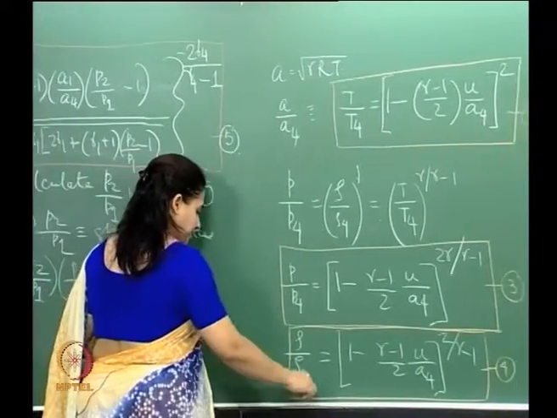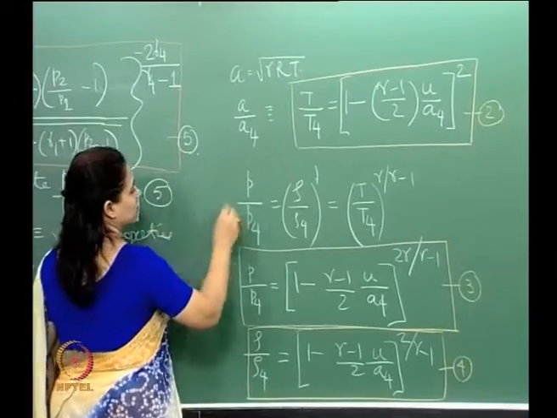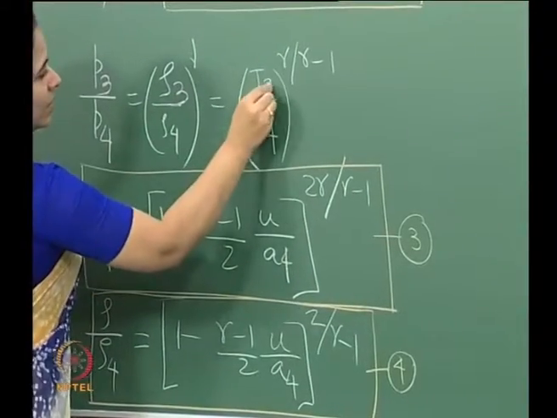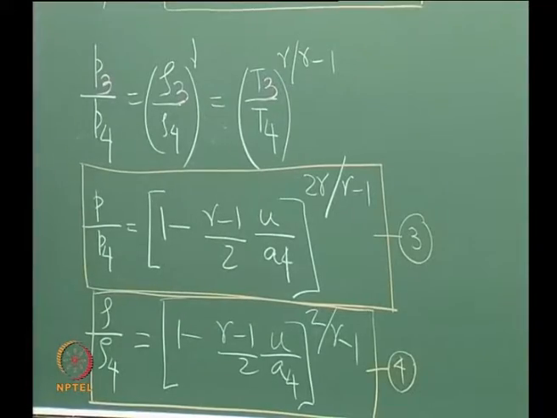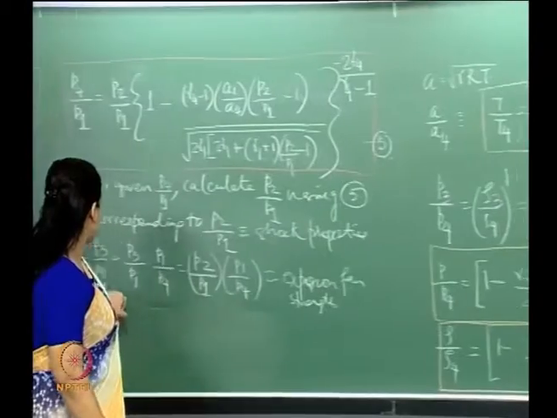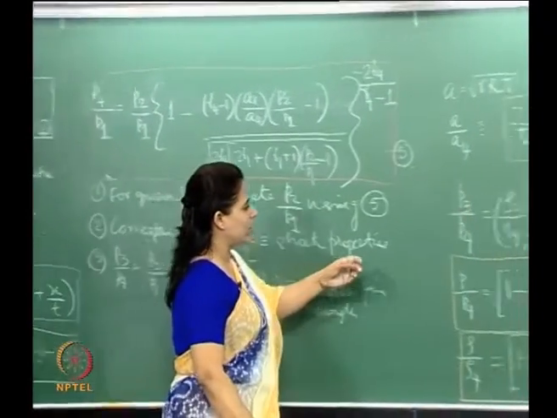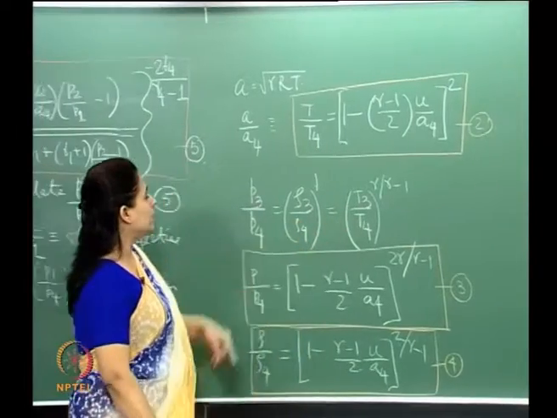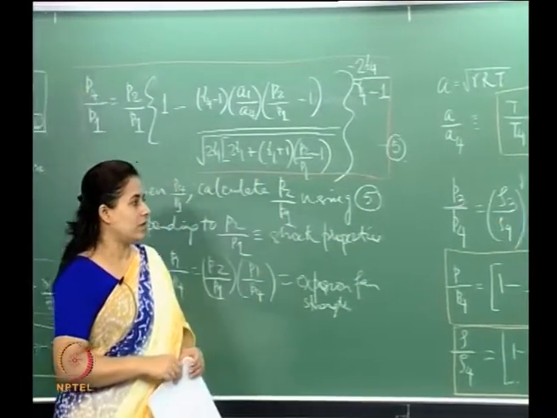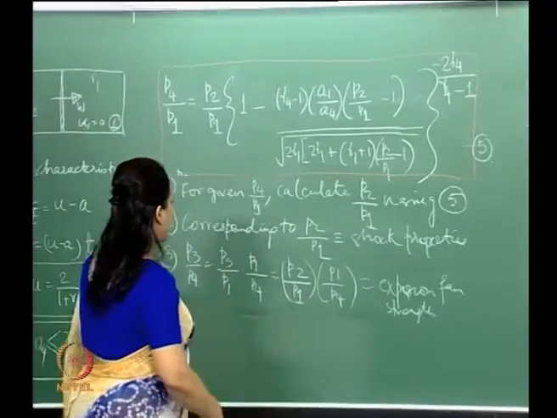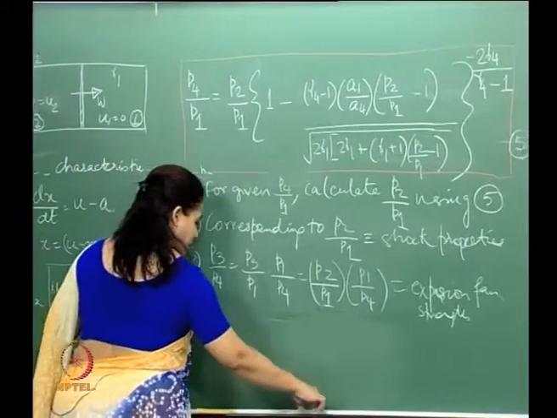If I apply this, P3 by P4 is what I have just calculated. So P3 by P4 is known, and therefore you can calculate the density and temperature ratios. That can be done, and after that what we need is properties.